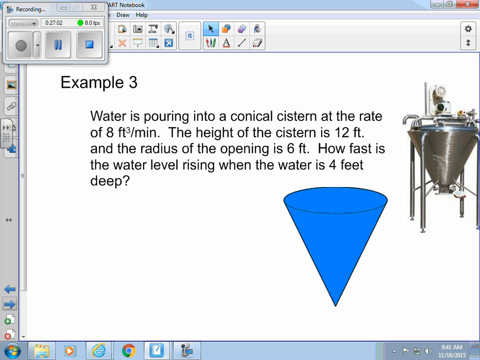I have a cone drawn. What's happening in that cone is that we have water filling it up, right? This is our concern. It's where the water is. It's not the cone itself. It's the water.